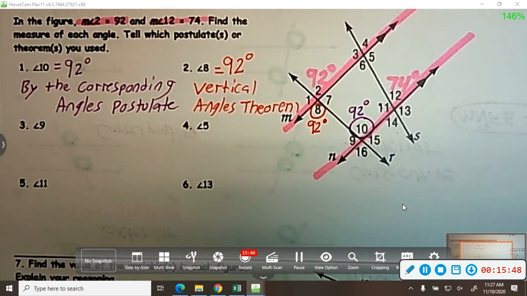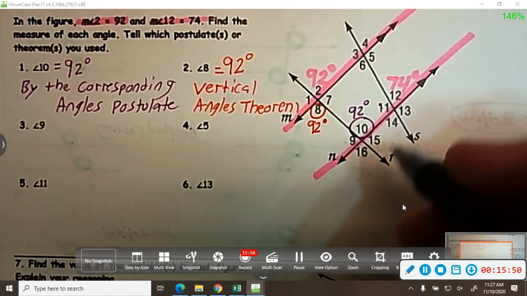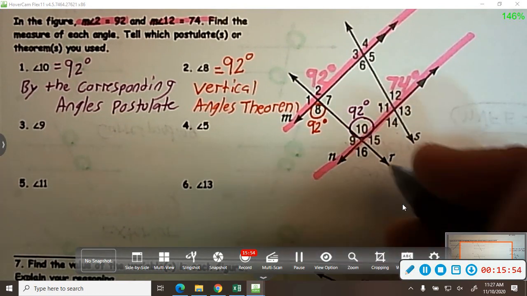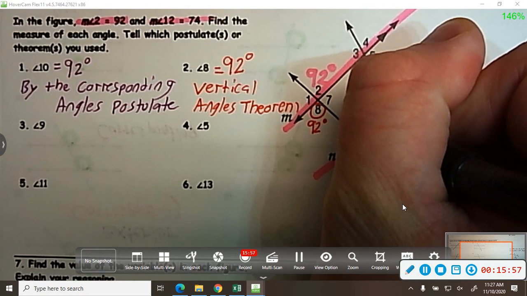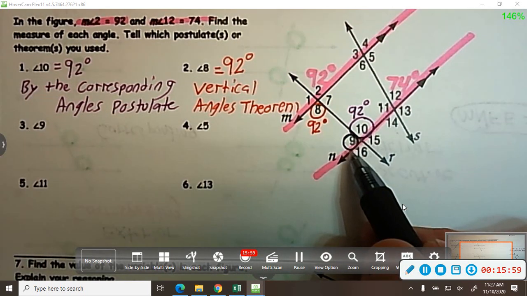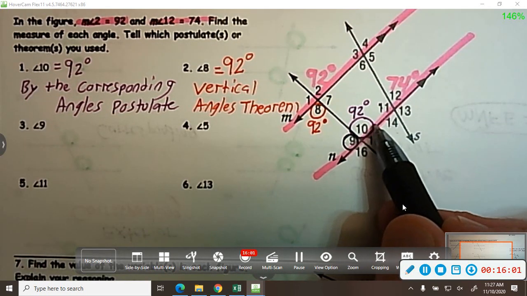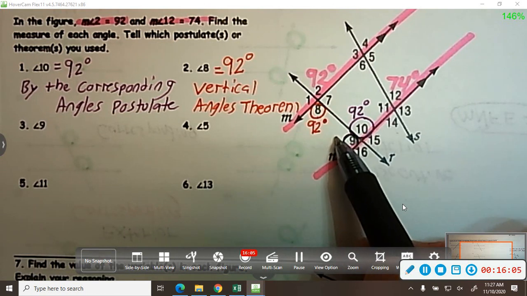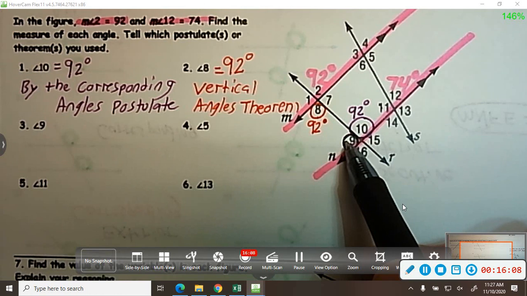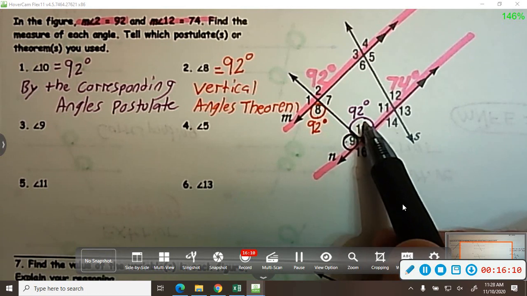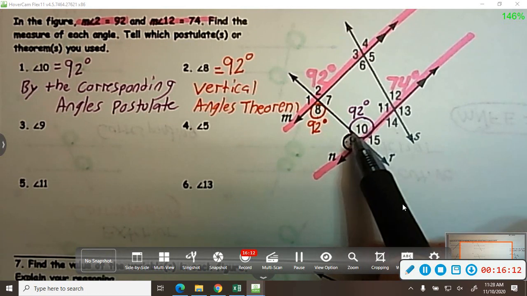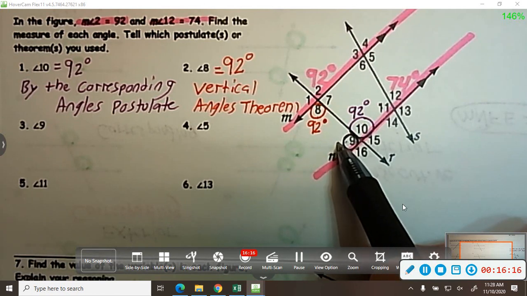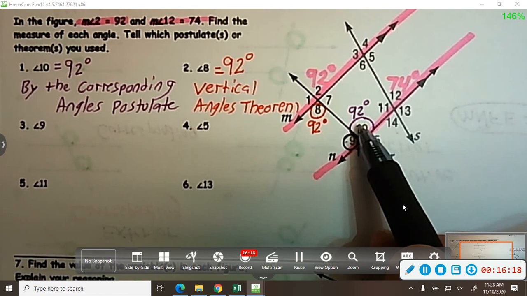And then angle 9, there's different ways to do this. I know that angle 8 plus angle 9 are supplementary. I know that angle 9 plus angle 10 is supplementary. So your choice. But I know that, let's see, what plus 92 is 180 would be 88.